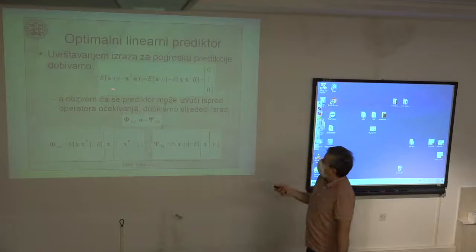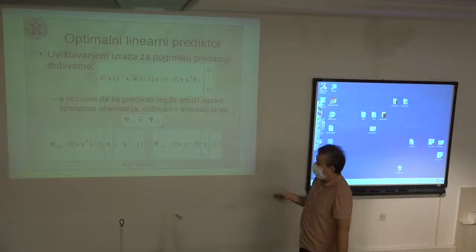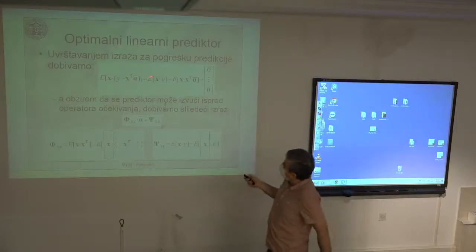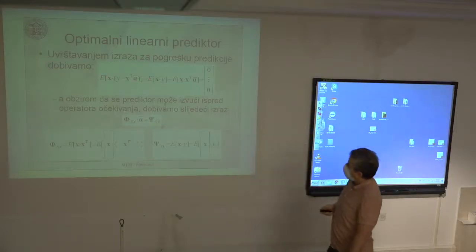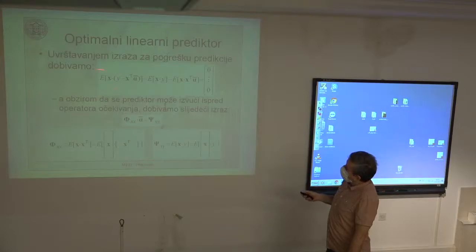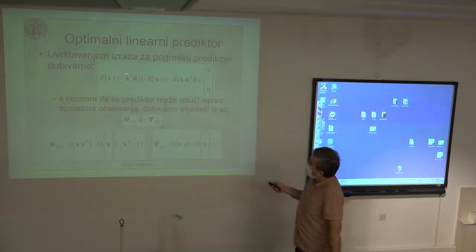The expected value of the difference is the difference of expected values. So I have the expectation of process x times target y minus the expectation of x times x transposed times alpha.